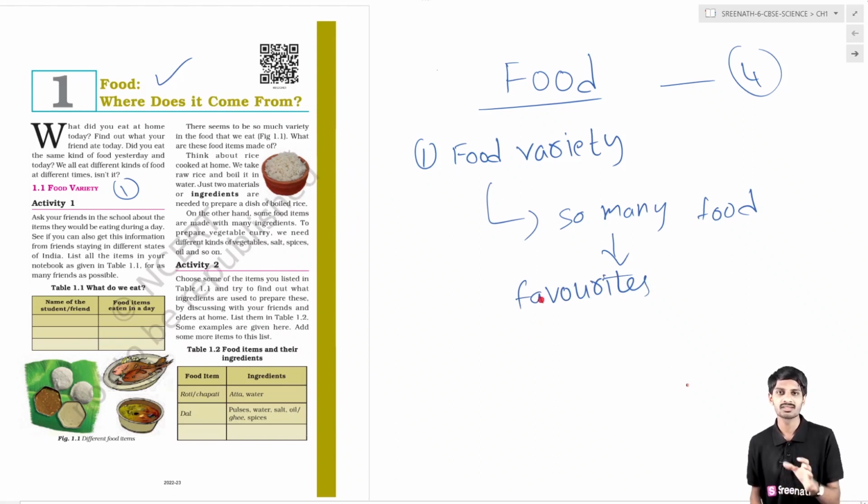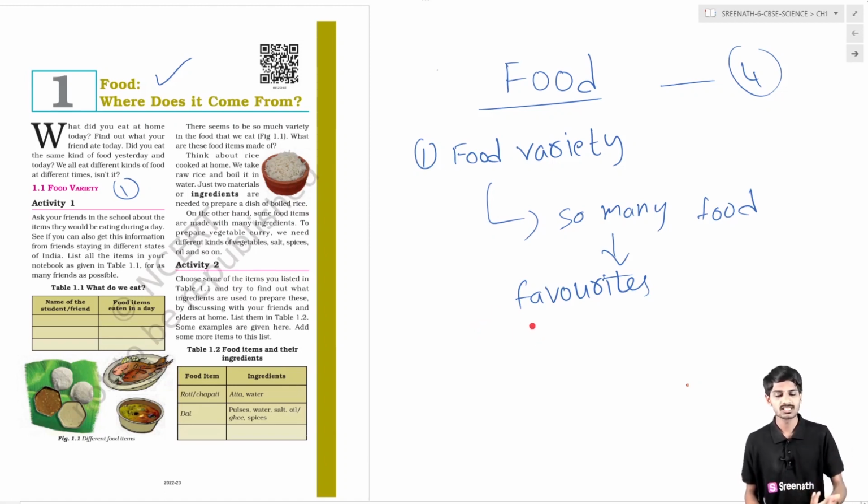How are these favorite foods coming? Then you will say that these favorite foods are prepared by mother in the kitchen, or in bakeries, or in restaurants, etc. Then again I ask you, how are they getting these food materials?